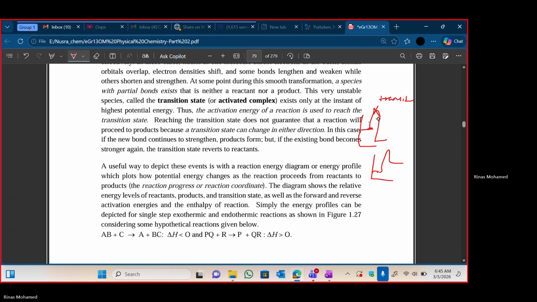If they pass the energy barrier, they can give products. In the transition state, a complex will be formed. There some bonds are broken and some bonds are formed, right? That is called the activated complex.